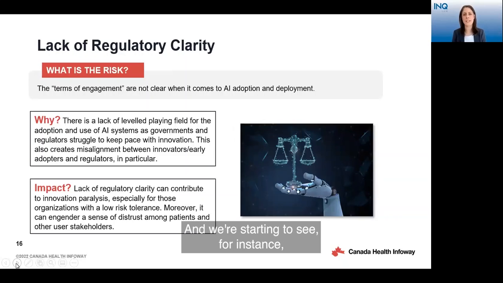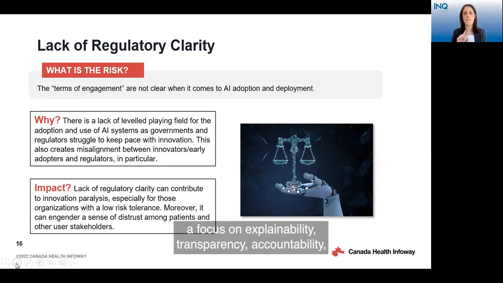And we're starting to see, for instance, a focus on explainability, transparency, accountability, privacy, impact assessments, an iterative process. You don't just do it at a point in time, but it is an iterative process throughout the life cycle of the AI system, professionalism by those who develop these systems, and a degree of training and understanding by all those who have to interact and use these systems.